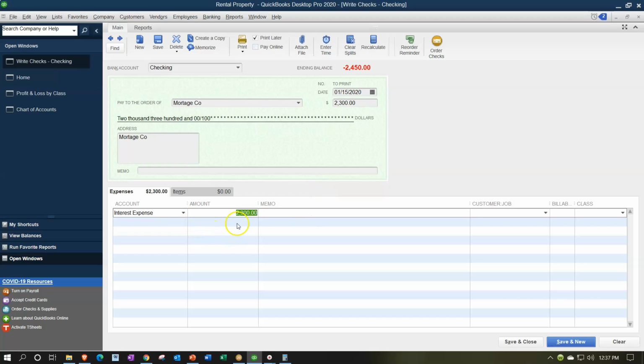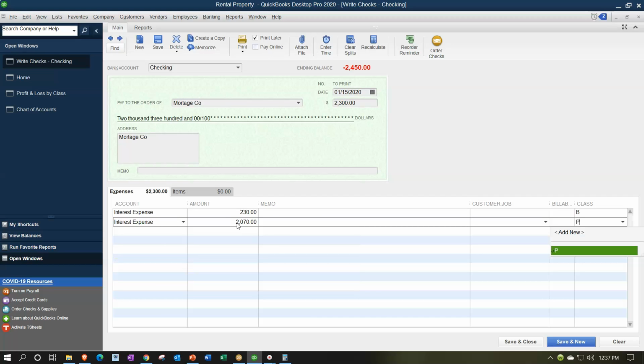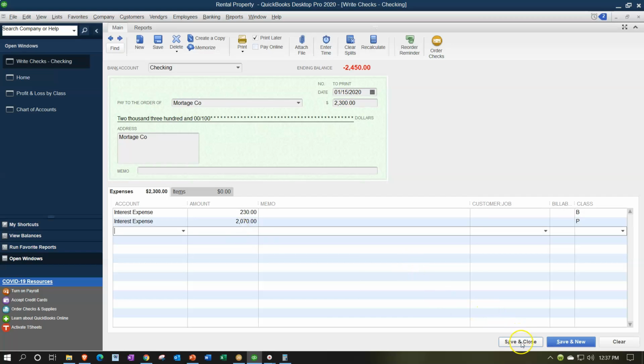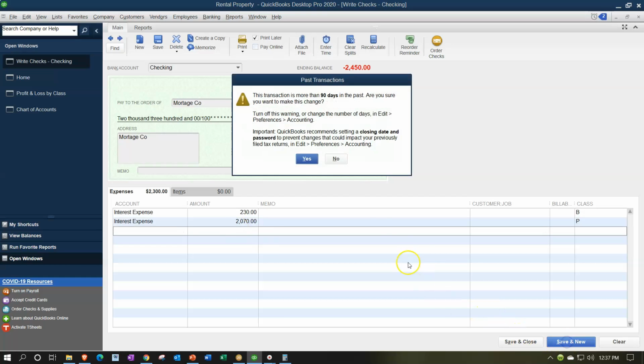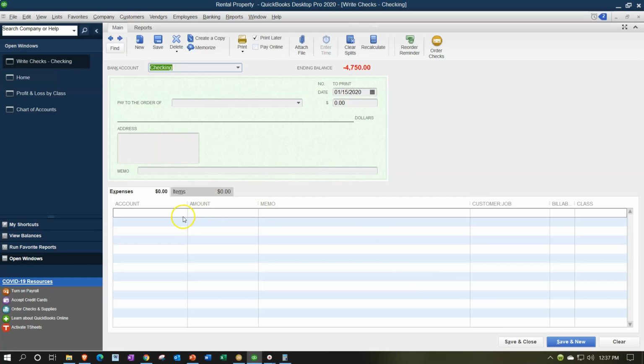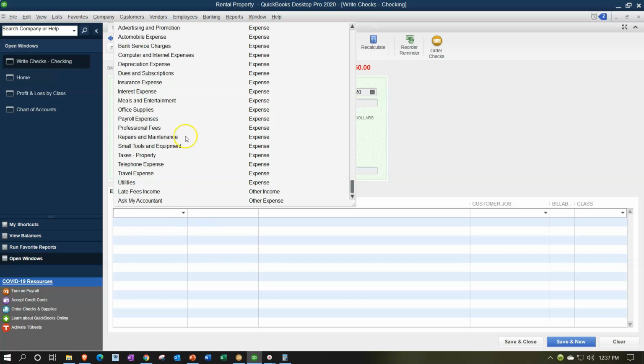And this is going to then be 2300 times 0.1. And this is going to be business, and then interest, and the difference is going to be the personal. So the interest broken out, we're going to say save and new this time. Save it, new it, and then we'll go down.